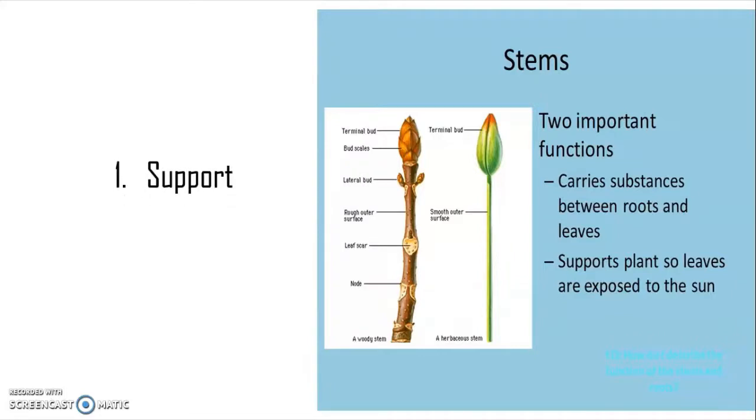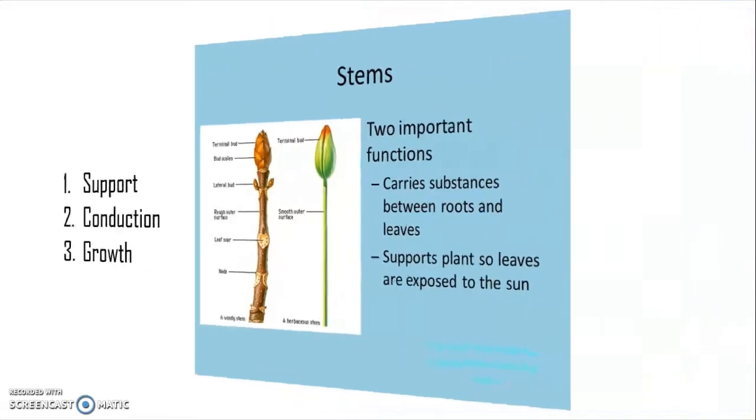So number one is support, number two is conduction, and number three is growth. The stem supports, the stem conducts, and the stem is growth, where the leaves grow, where the flowers grow, and where the fruits grow. That's it.